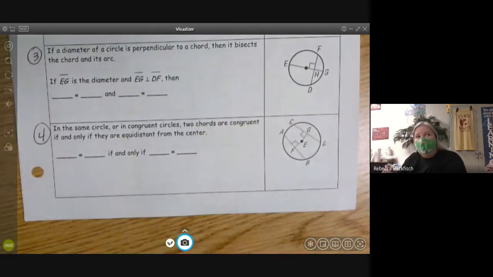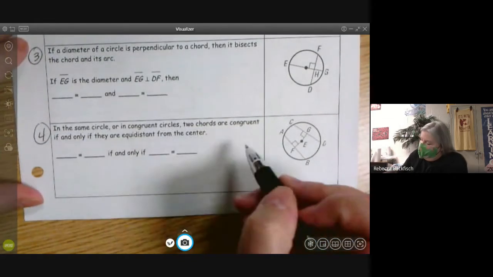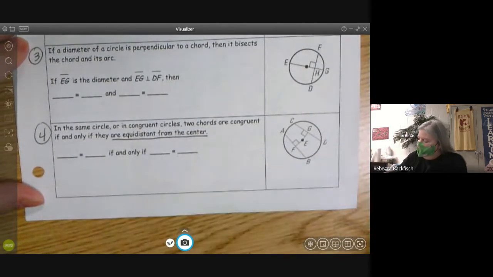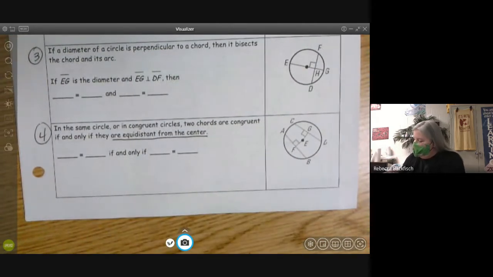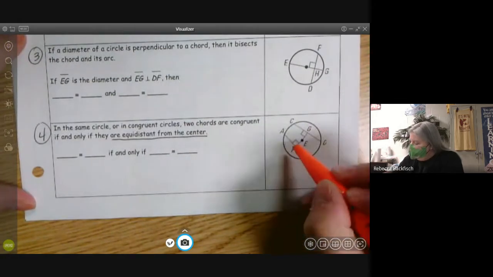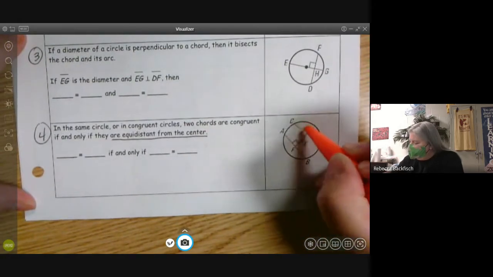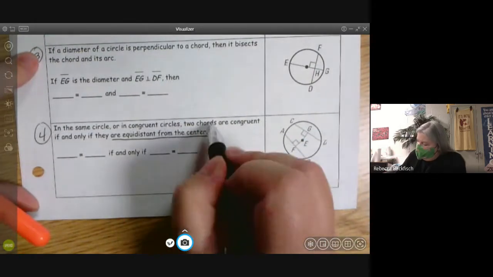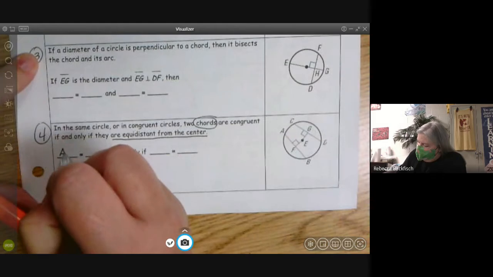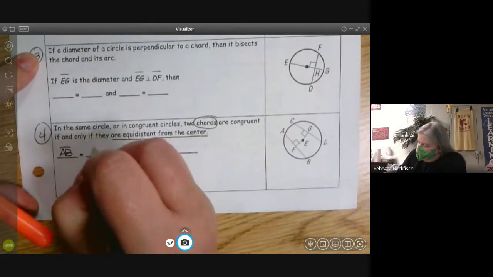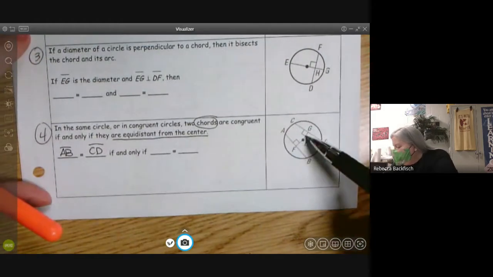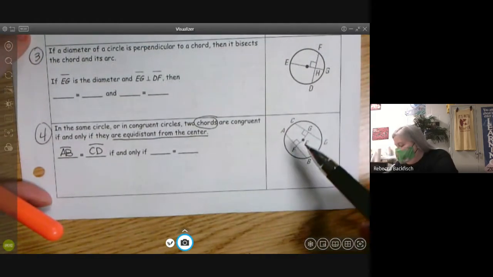If, in the same circle or in congruent circles, 2 chords are congruent if and only if they are equidistant from the center. Okay, so in other words, I can say that AB is congruent to CD, because we're talking about the chords, that would be segments, if and only if they are both the same distance away from the center.